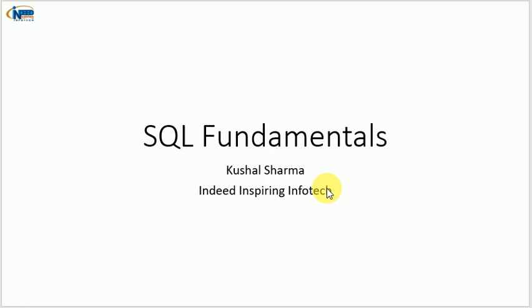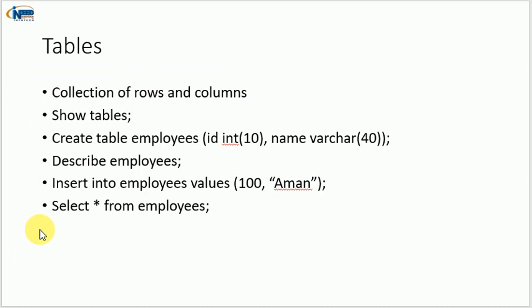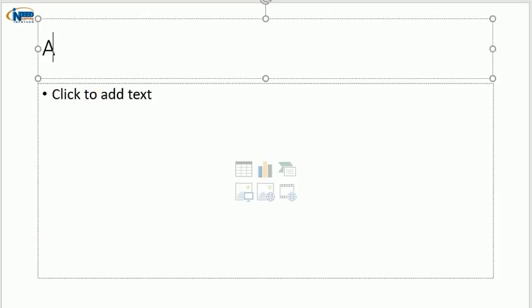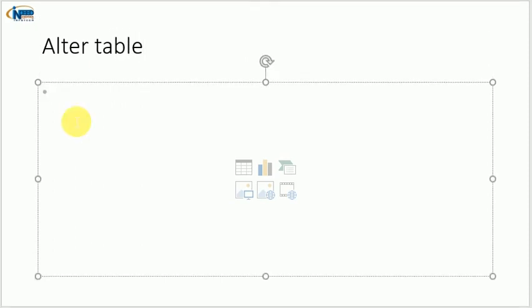So today we will be looking at the alter table command. This is used whenever we have created a table, and inside that table we want to add, modify, or drop a column.